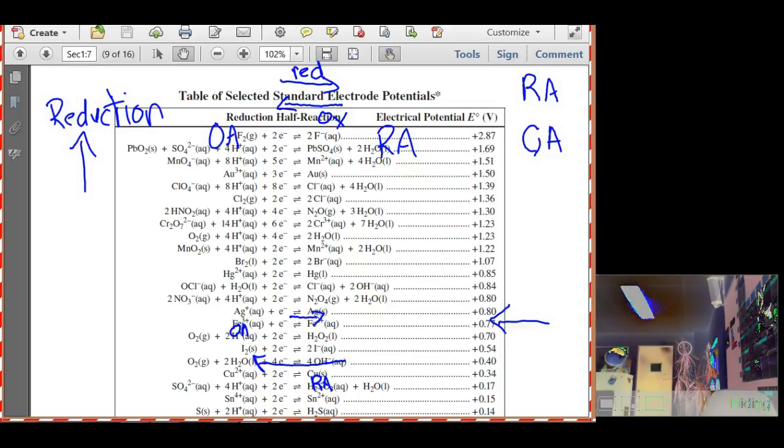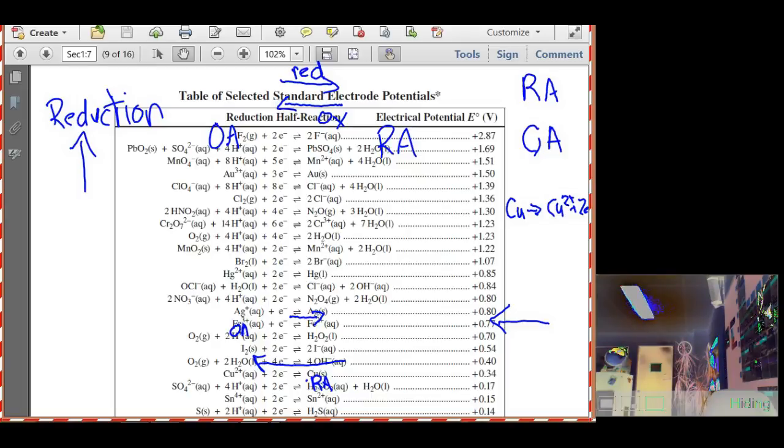Okay. So if I want to write this down here as an oxidation, I would have to write out Cu to Cu2 positive plus 2 electrons. So you read reductions left to right and oxidations right to left?